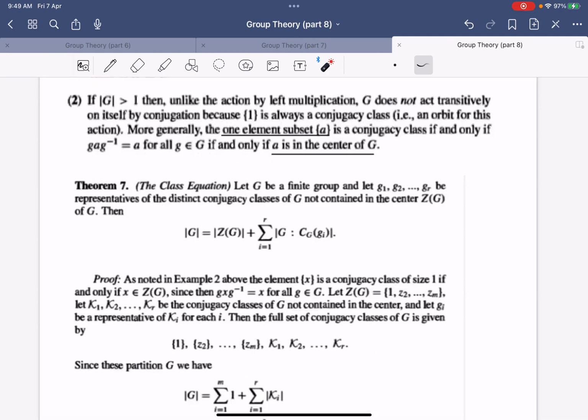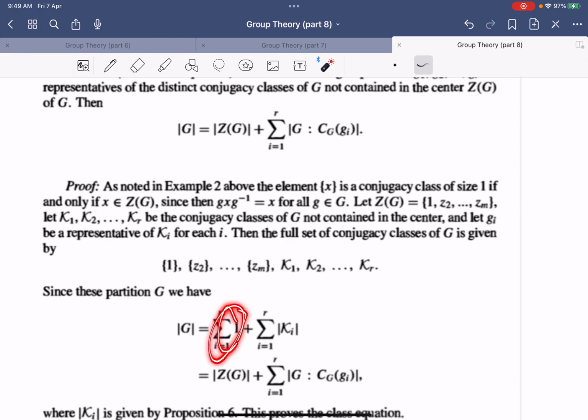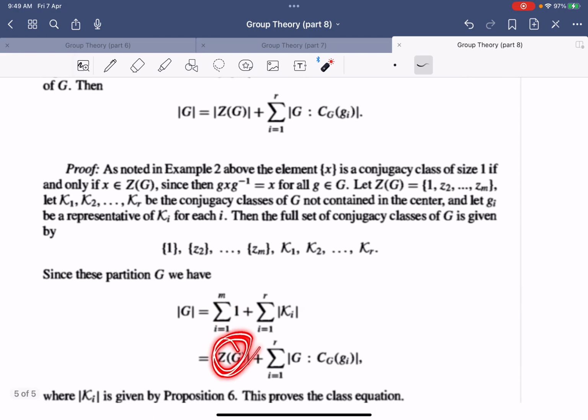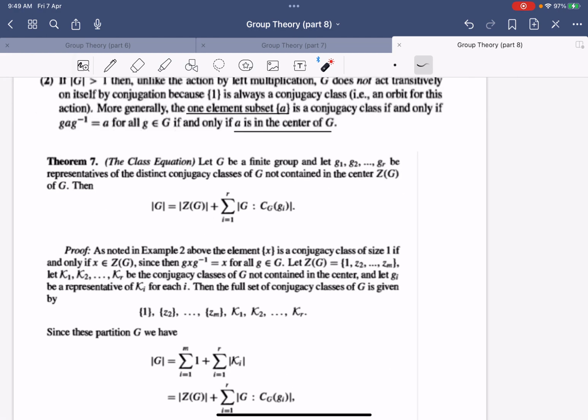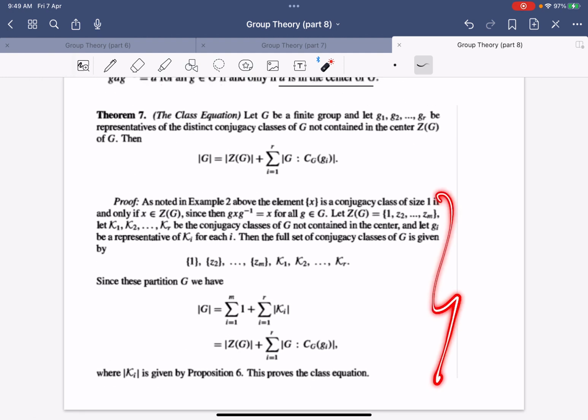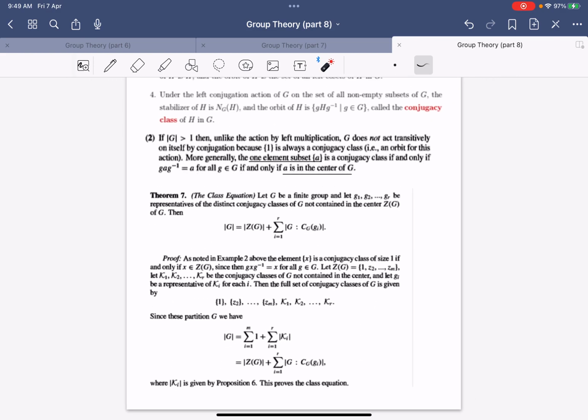For the ones in the center, they're all of size one, so it's just the total number of elements in the center. Putting them together, we get that the number of elements in G equals the size of the center of G plus the sum of the sizes of the conjugacy classes. And this is known as the class equation.